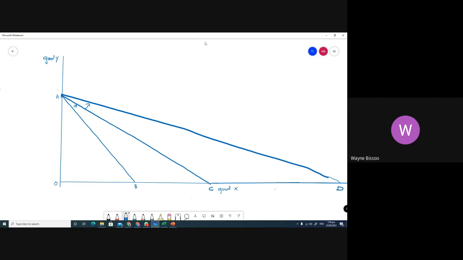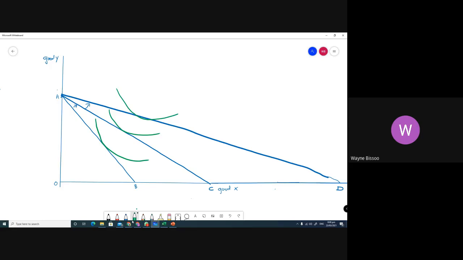Now what that means is that this allows us to move from this indifference curve here to another indifference curve here, and to another indifference curve here.